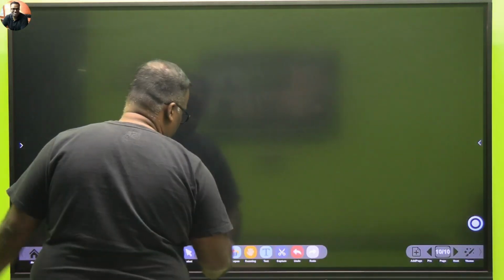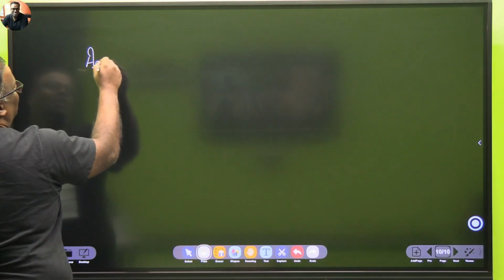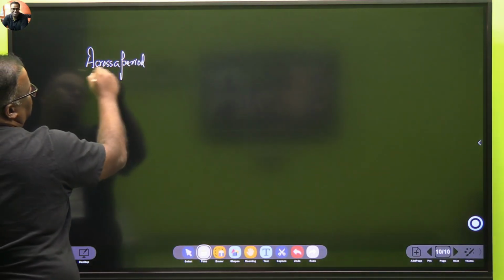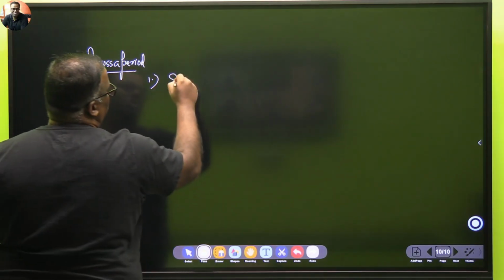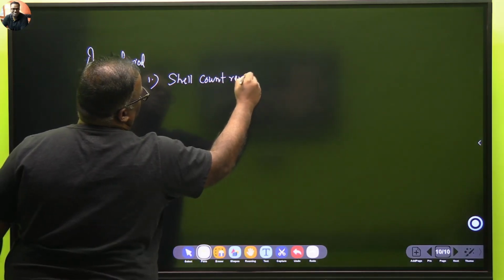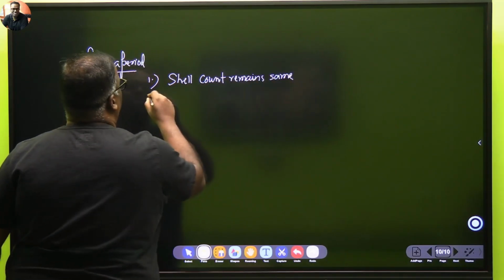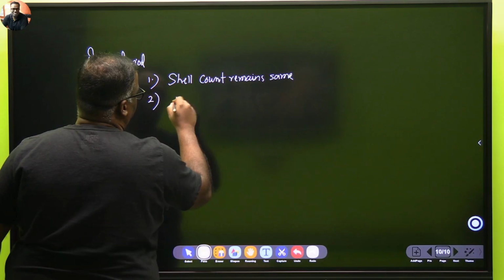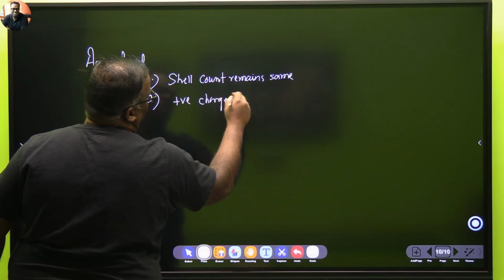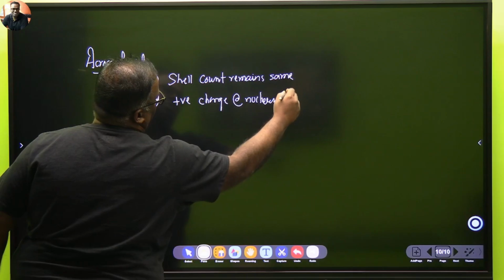Don't look at the watch, because we can't teach so watch-oriented. Let's say what happens across a period. Number 1, the shell count remains the same. Number 2, positive charge at the nucleus adds up.